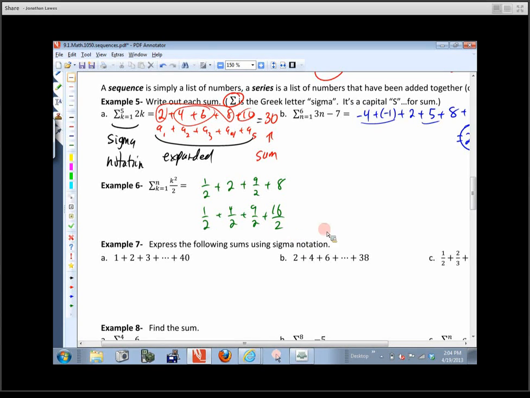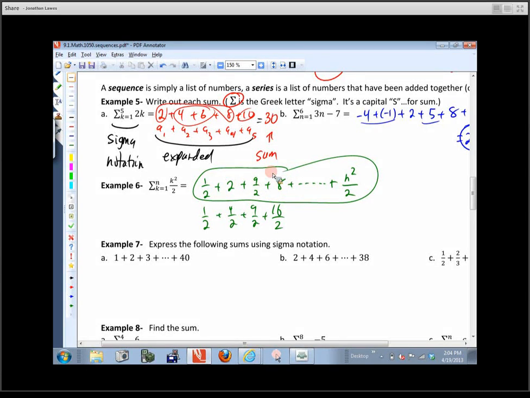Always 2's on the bottom, always perfect squares on the top, so the next one's going to be 25 over 2. Okay, then we just put plus dot dot dot, put a plus, and then we put the last term. Well, the last term is what we get when we plug in an n. So that's going to be n squared over 2. And this right here is the answer.